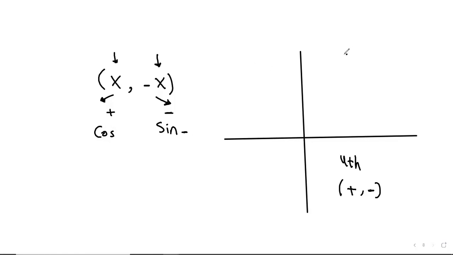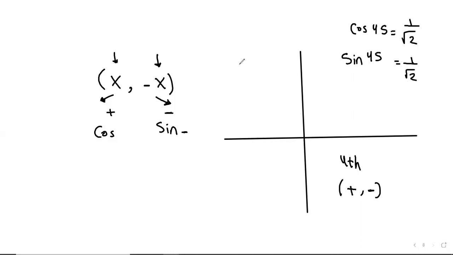Sine 45 or cosine 45. Here it's 1 over root 2, and here it's 1 over root 2. So in the first quadrant, cosine 45 and sine 45 are both 1 over root 2.